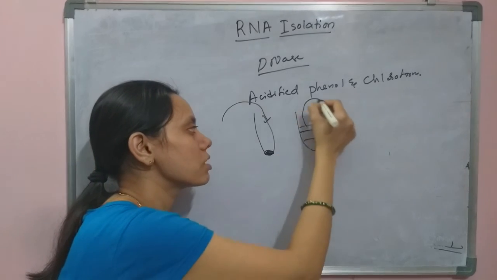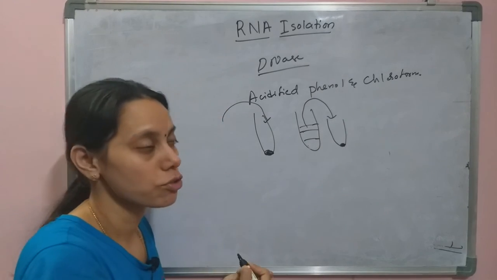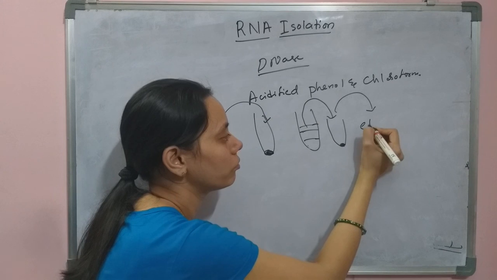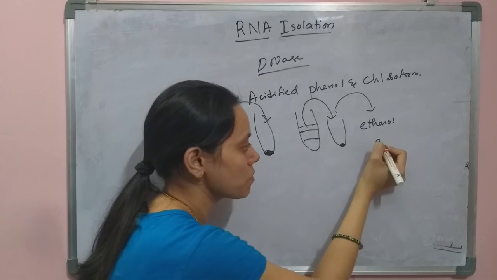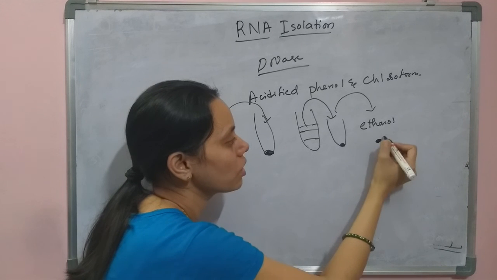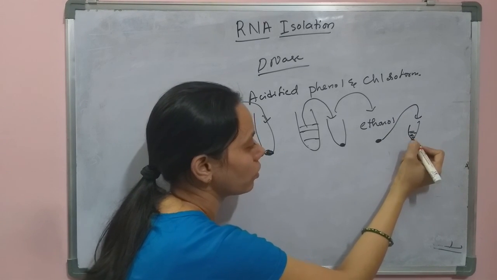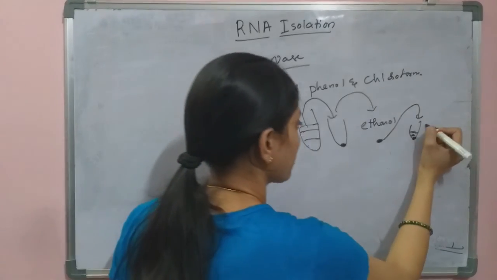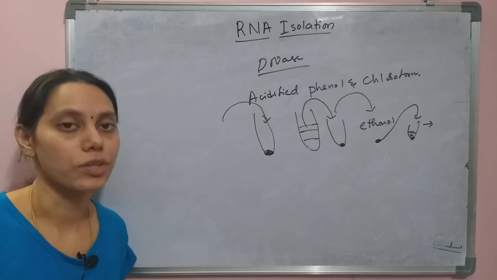The aqueous phase should be pipetted out into a fresh reaction tube, and that will again be washed with ethanol and centrifuged to get the precipitate. That precipitate needs to be dissolved in RNase free water, so that we can again store it in a pure form. So that is what the RNA isolation method is.